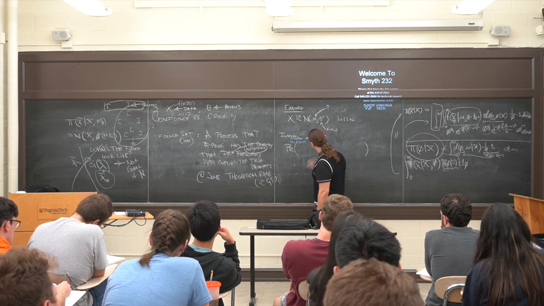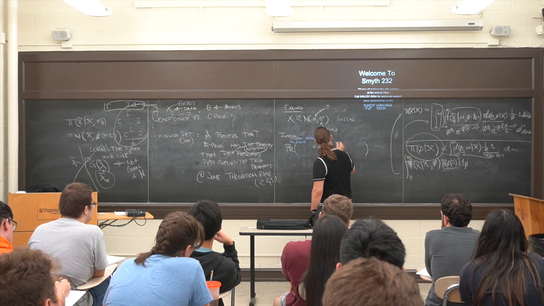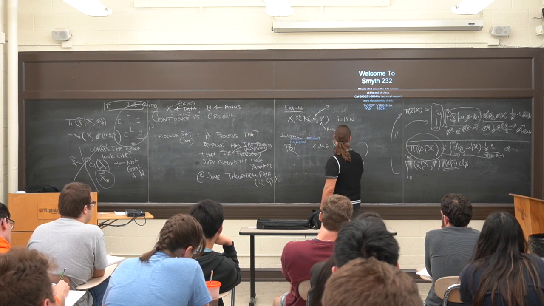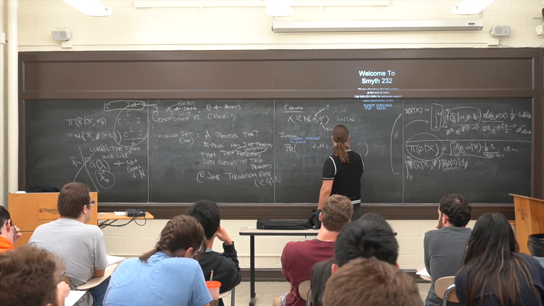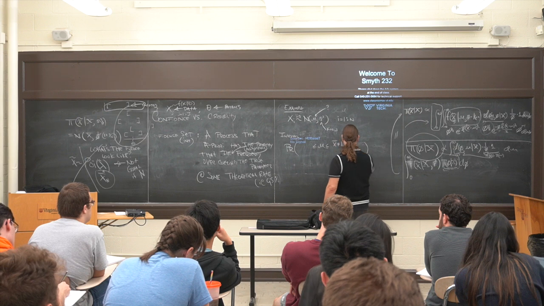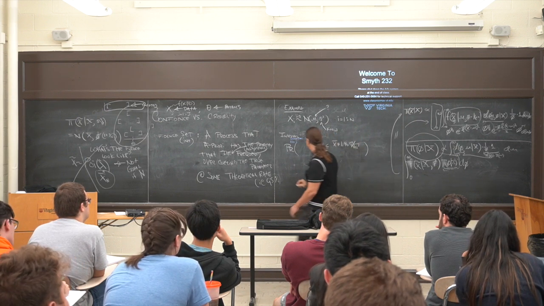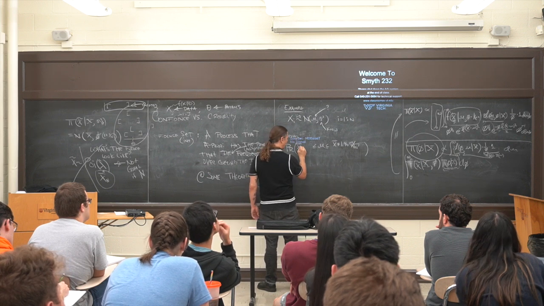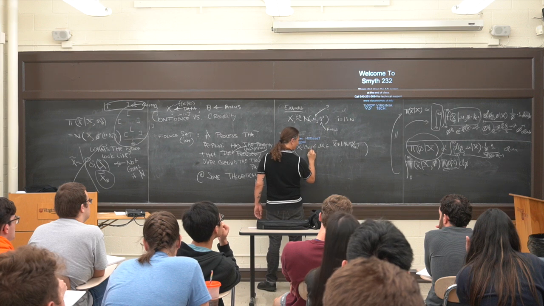This is just the probability of x bar plus 1.96 times sigma over root n, and this is x bar minus 1.96 sigma over root n.